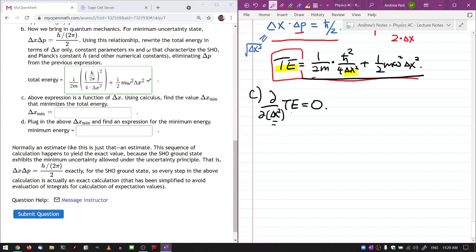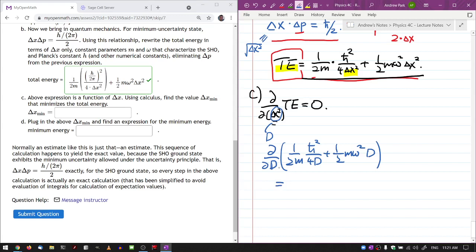So let me just do a quick substitution of this delta x squared as my parameter, capital D. So I'm taking the derivative with respect to capital D of 1/2 m h bar squared over 4D plus 1/2 m omega squared D. I think that calculation will still lead me to the same final result.